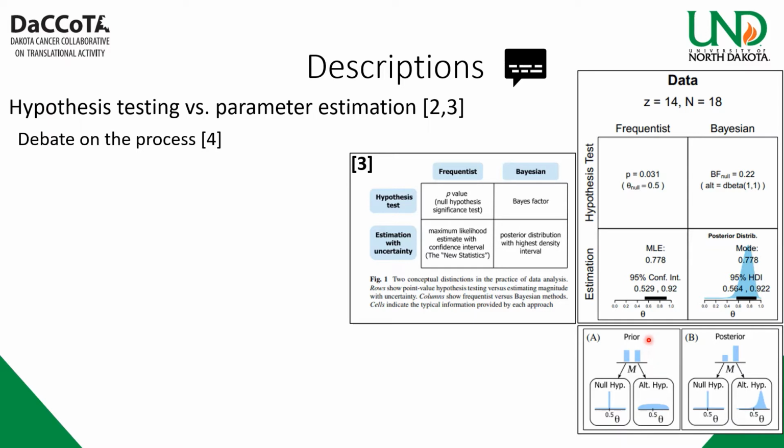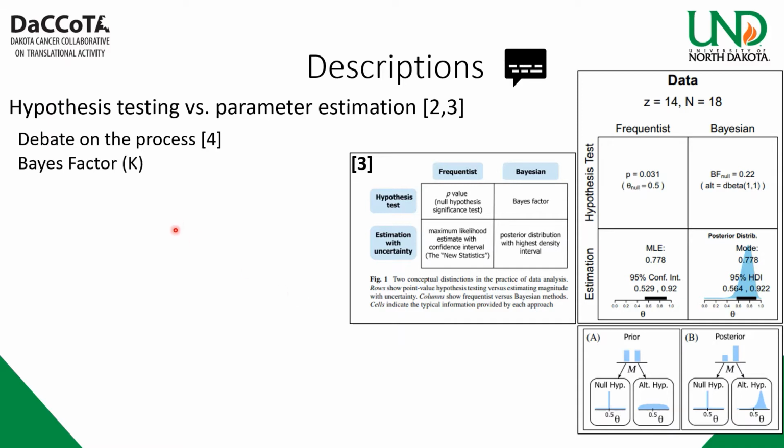And what this is doing is, in either case, you're trying to figure out between a null and alternative hypothesis, given no data. Then you feed in data, you get your Bayesian posterior, and you see which hypothesis best fits the data.